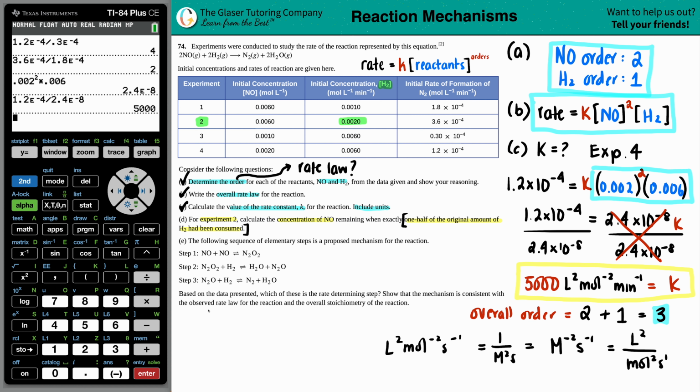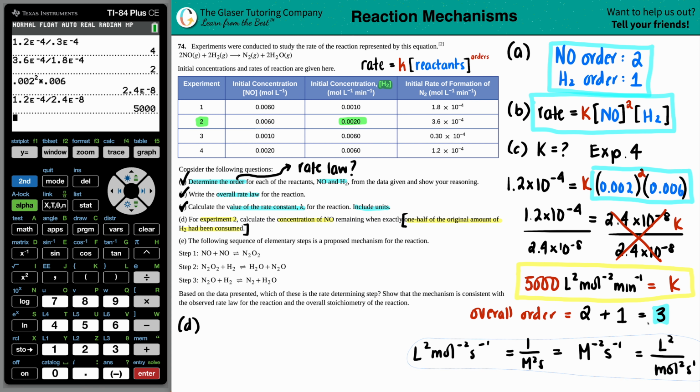So let's start with that, and maybe I'll put letter D over here. I think we have enough room. Maybe I'll move this a tad bit over. So for letter D, we know that we're starting off with 0.0020 moles over liters times minutes.